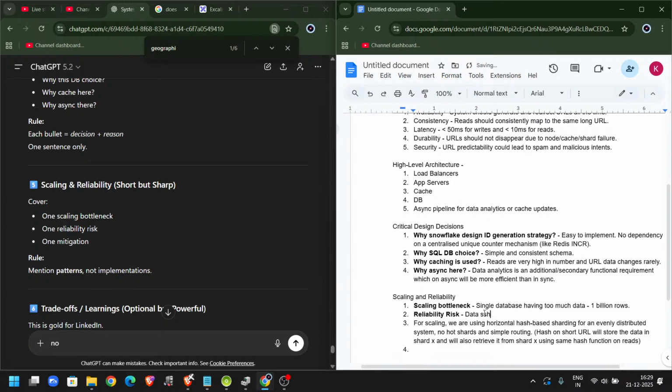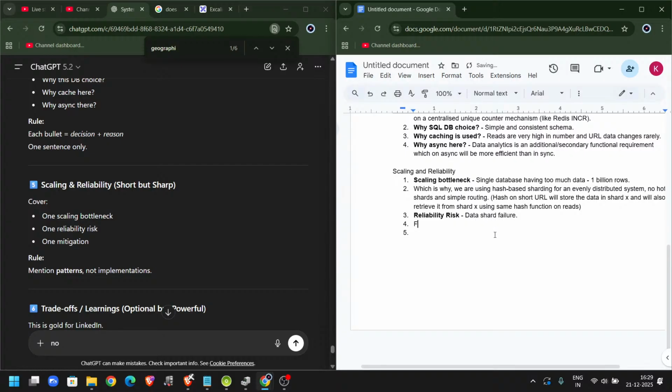Data shard failure. Reliability risk, data shard failure, which is why we are using data replicas which will work on shard failure.